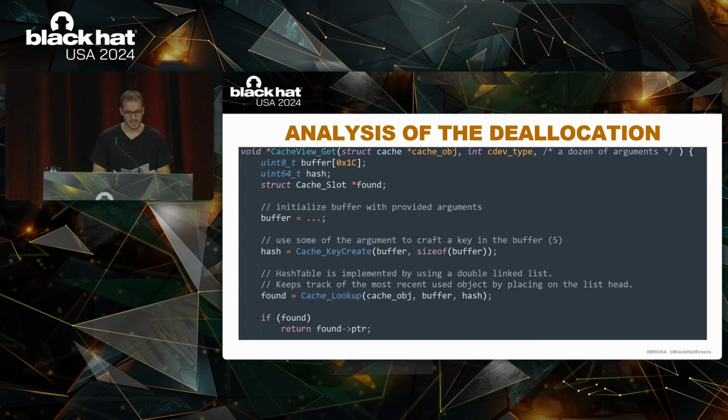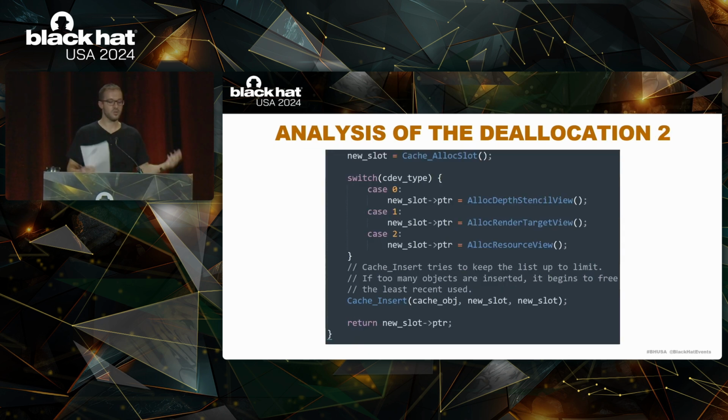This function will create a unique hash, and this will be used next in a function called cache lookup, which will try to look up an associated object with this hash in a hash table. If the object is found, it will simply return it. On the other hand, if it is not found, it will allocate a new slot for the cache.